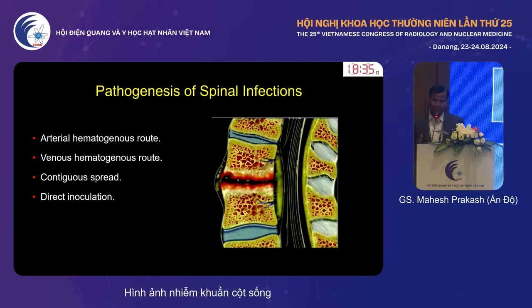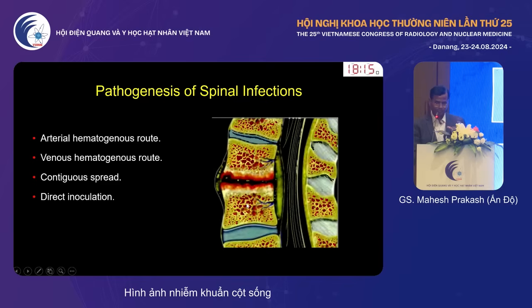To understand the pathogenesis of spinal infections, the mode of infection can be, more commonly, hematogenous, then contiguous spread, or maybe direct inoculation. The important thing to understand is why infections usually occur at the disc level.